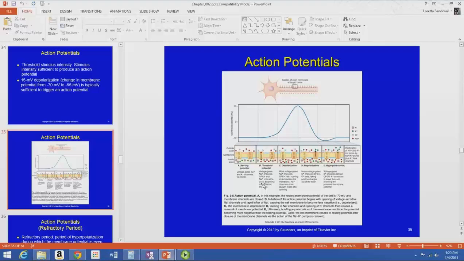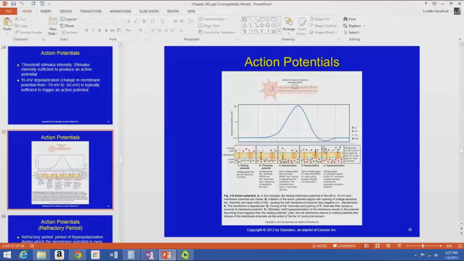So the voltage-gated potassium channels open, and the potassium goes out. It's trying to equalize the charge. It takes positive charges out of the axon. It's making the inside more negative again. Okay, the voltage-gated potassium channels remain open, and potassium continues to leave the axon, and that restores the membrane potential.